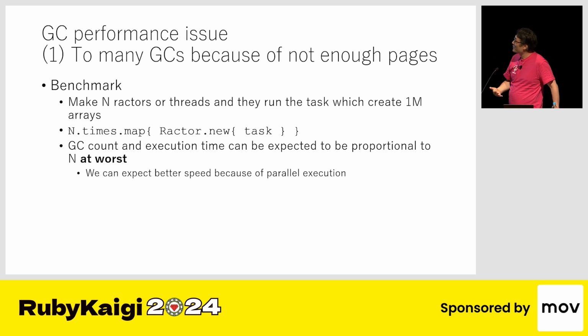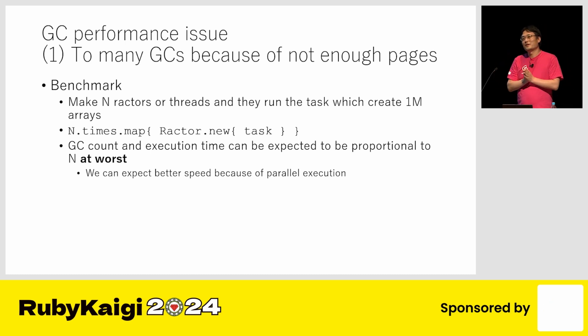To confirm the result, I prepared a very simple task: making n Ractors or n threads and doing this task. The task simply makes 100 arrays, so it causes much garbage collection.